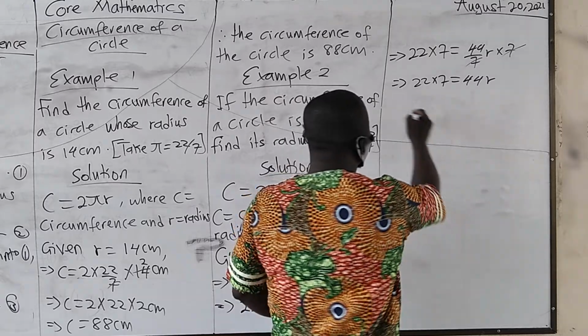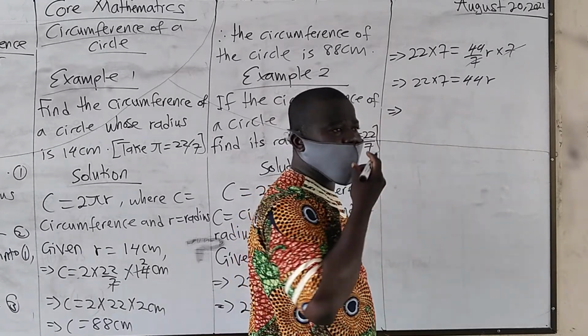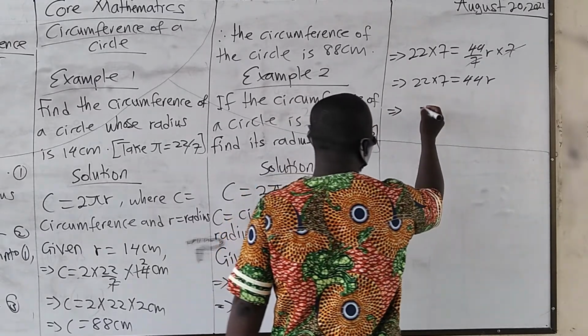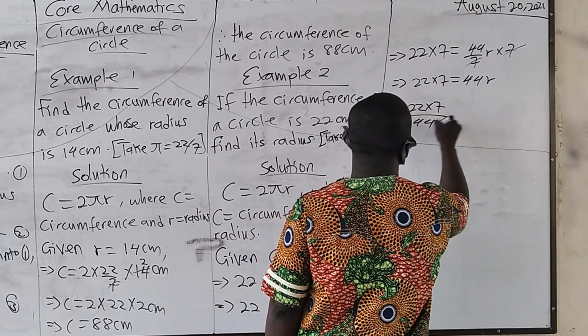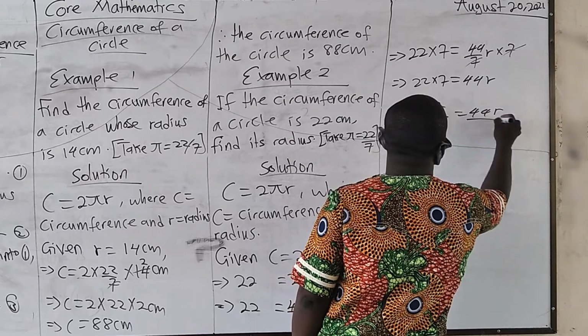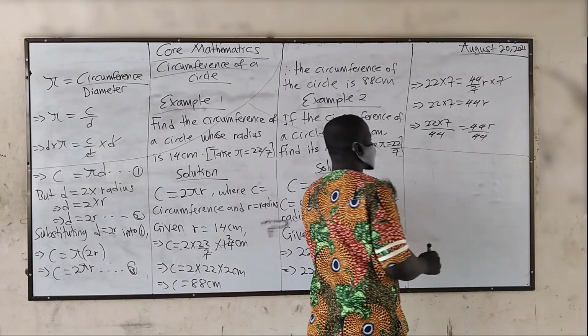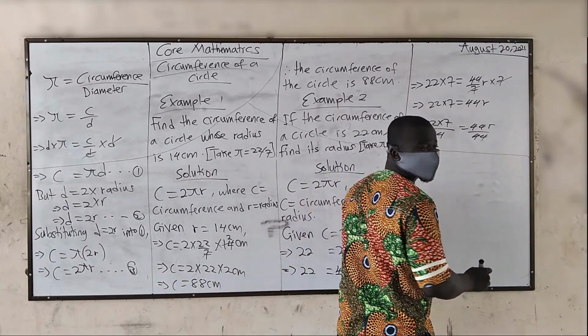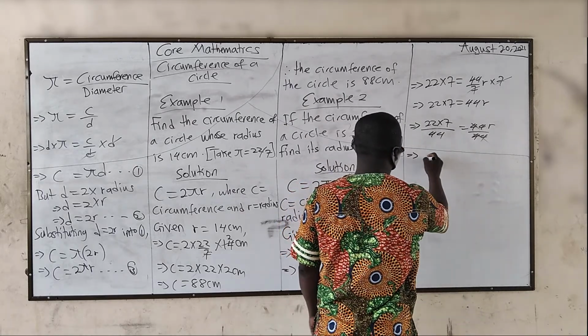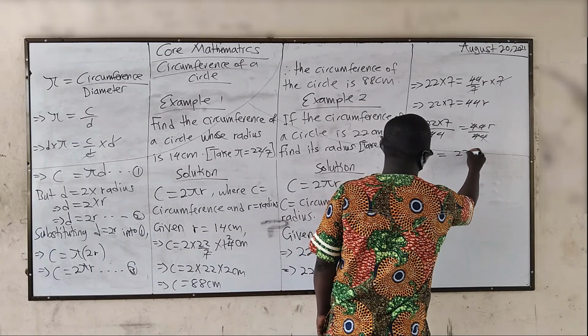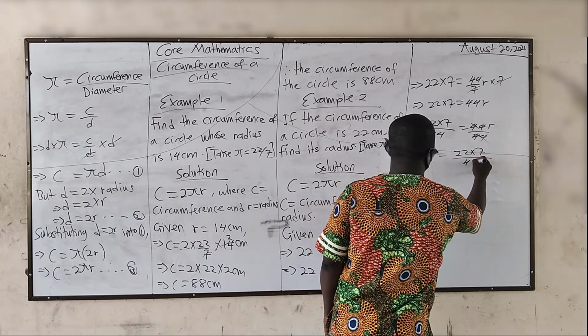So now, what's the next step? You divide both sides by 44. So what do you have here? 22 times 7 over 44. What happens? 44 divides 44, giving 1. And then our r is going to be equal to 22 times 7 over 44.